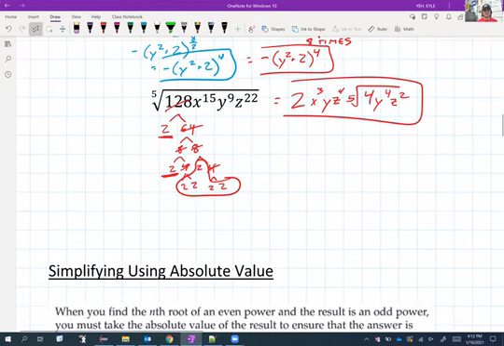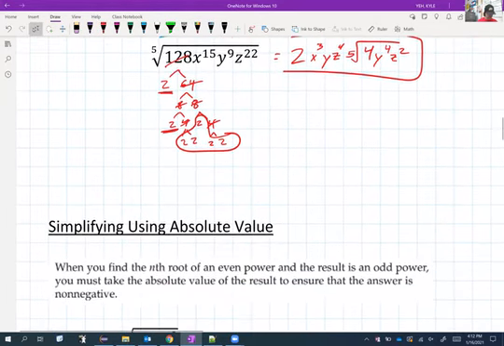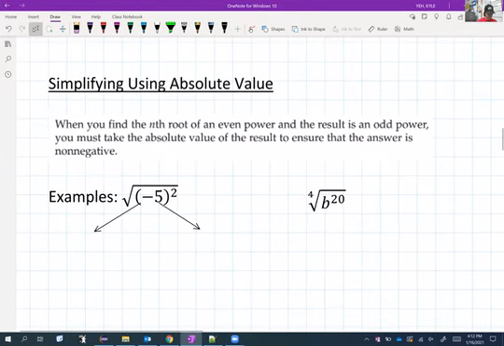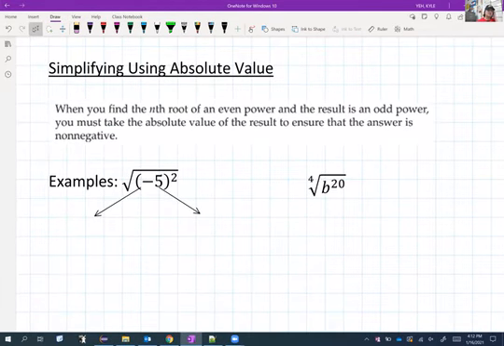All right, now, couple other things to be aware of. And the first one is sort of an edge case. It's a case that isn't immediately intuitive, why we might need to use absolute value when simplifying these radicals. But I'm going to try to demonstrate that for you right now.